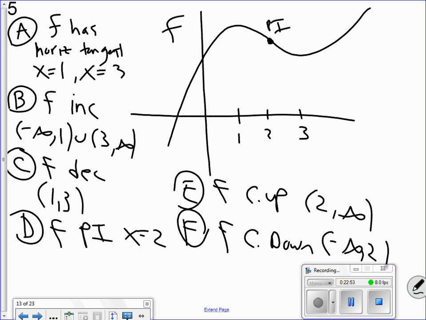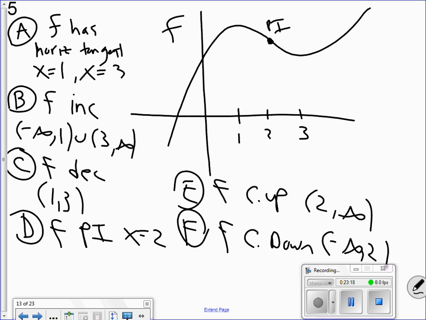Then if you do something wrong, I can at least give you partial credit if I see you understood that the first derivative being positive means the function is increasing. Then, of course, answer the question. But I would put the justification here, what you're looking for. Then you could say, okay, it's increasing.